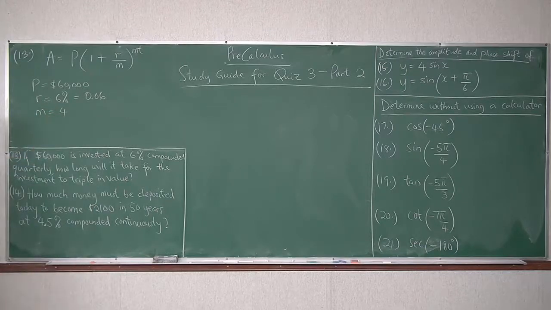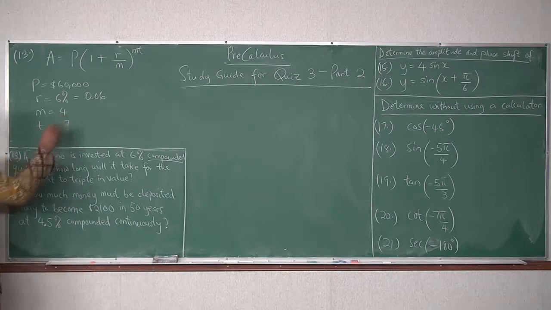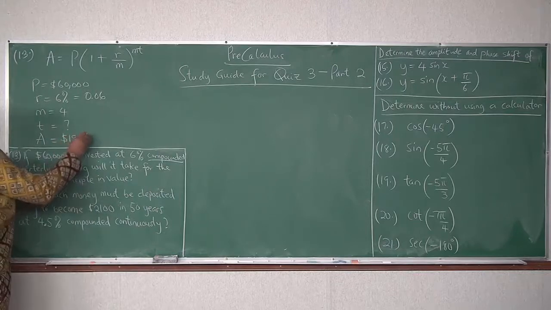And T is what we are looking for: how long will it take for the investment to triple in value? So A, triple means multiply by 3, so this is $180,000.